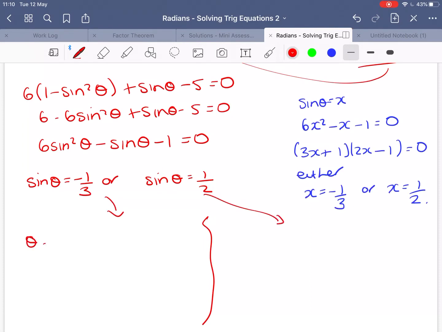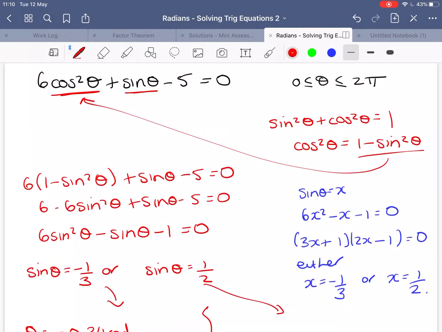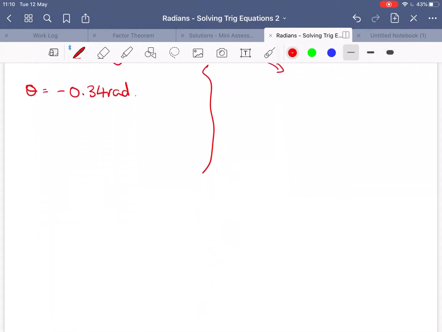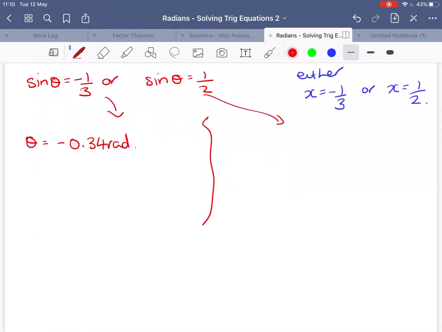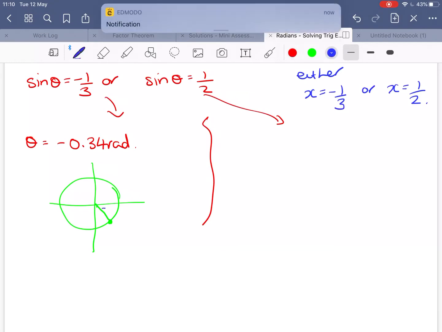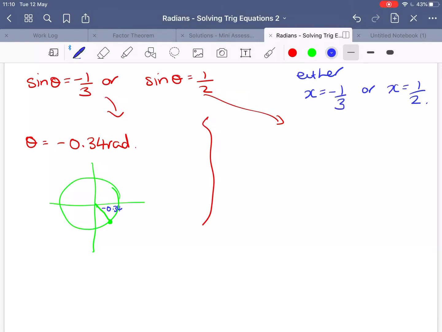So I'd have theta equals, put it in my calculator, minus 0.34 radians. But the range I need is between 0 and 2 pi, and that is not between 0 and 2 pi. So I'm going to use my unit circle. I've got my radian of minus 0.34, so it's down here somewhere, or in this case it's just 0.34 below.